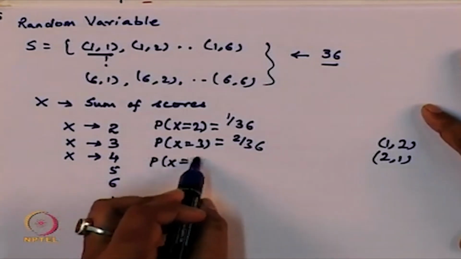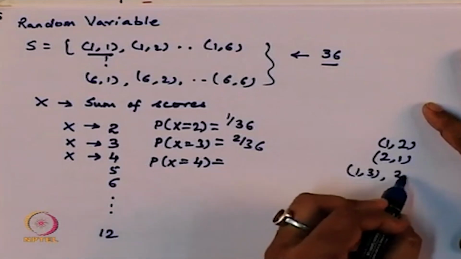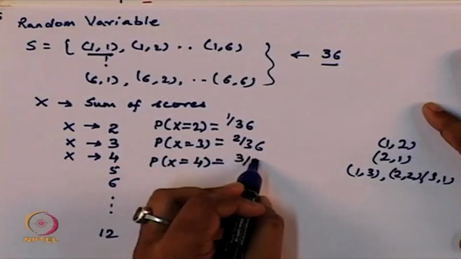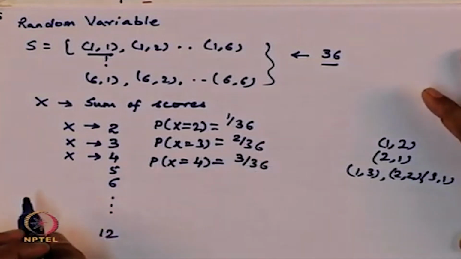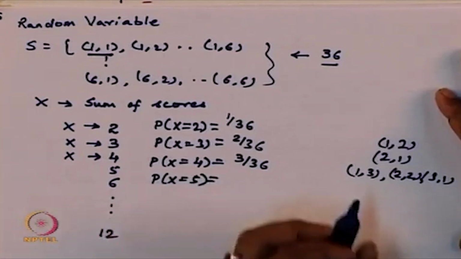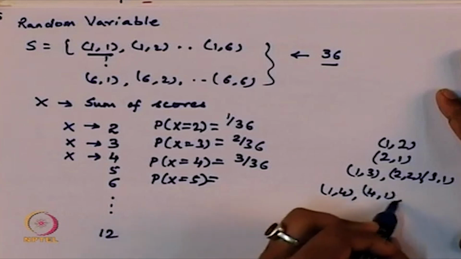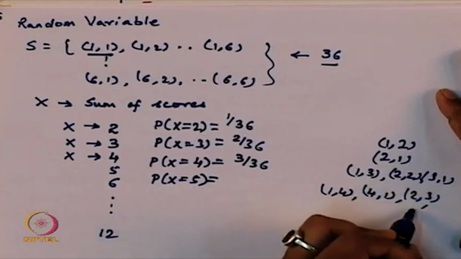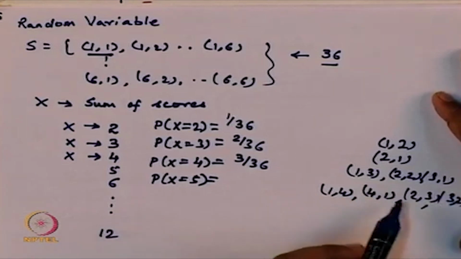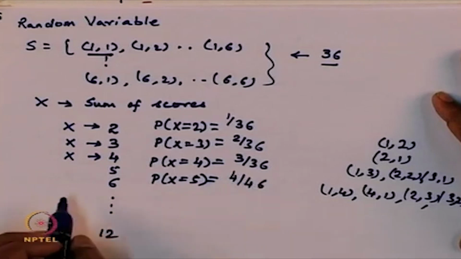Probability of x equal to 4: I have 1 3, 2 2, 3 1, so 3 by 36. Okay. Probability of x equal to 5: I have 1 4, 4 1, 2 3, 3 2. So, this is 4 by 36.